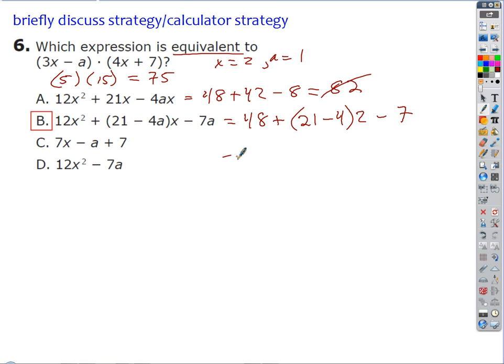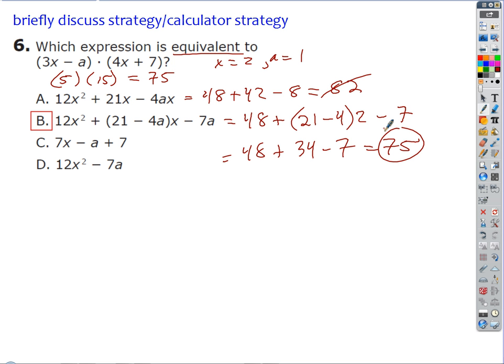So what's that equal to? 48 plus 17 times 2, everybody agree? 21 minus 4. 17 times 2 is 34 minus 7. So that's going to be, what's that going to be? 82 minus 7, 75. Right? It worked. That's the one, isn't it?